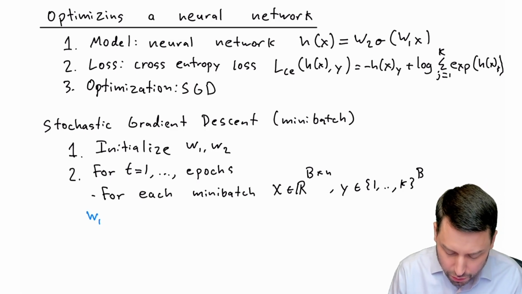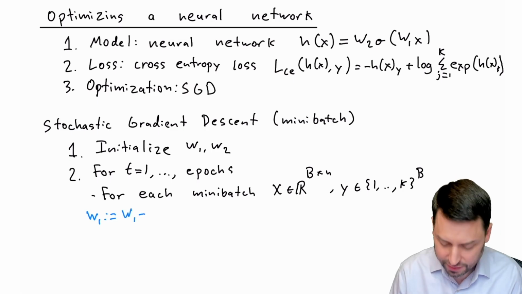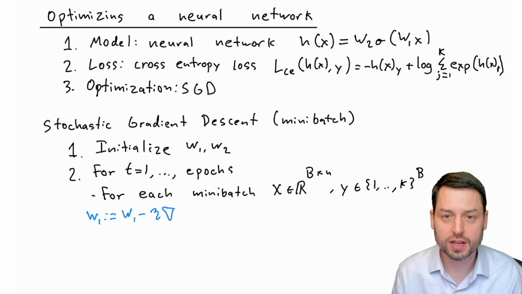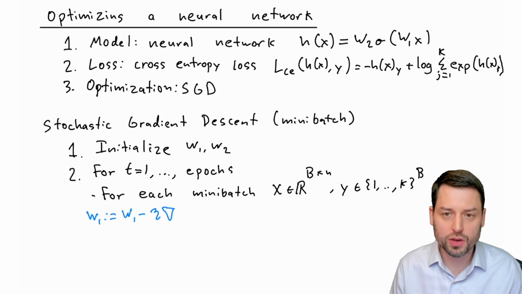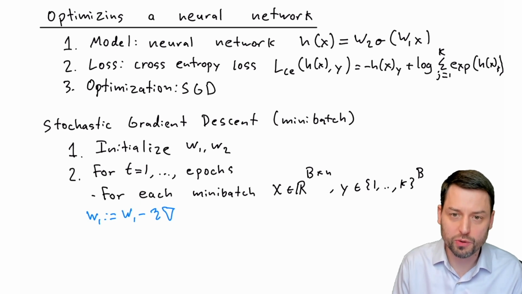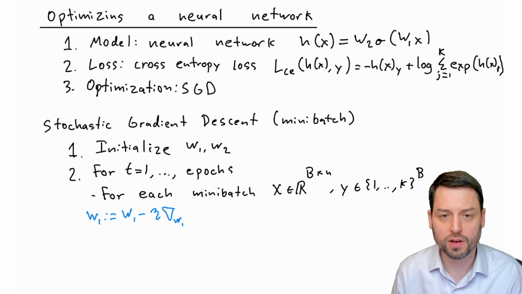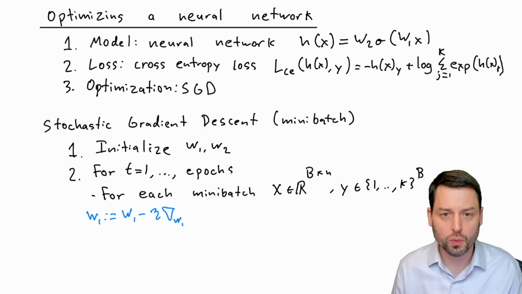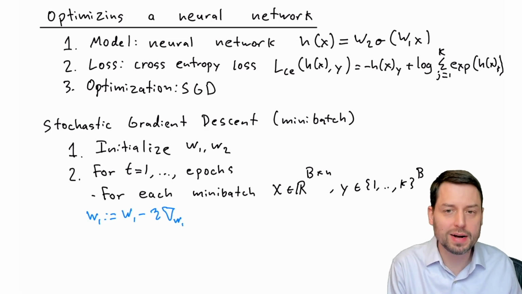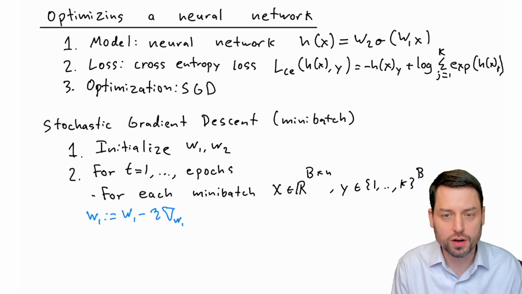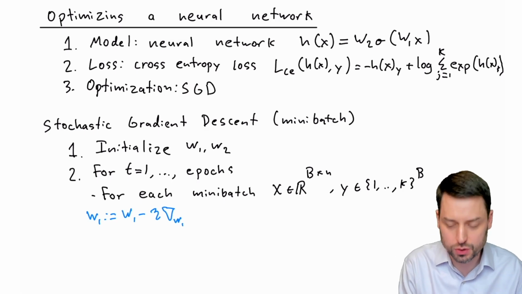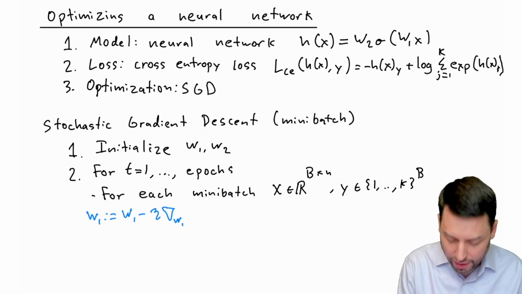We're going to take W1, and set W1 equal to W1 minus the step size times its gradient, the gradient of the loss that we care about here. Because there's some ambiguity as to what we are differentiating with respect to, I'll write this gradient symbol with a subscript of W1 to make it clear that we're taking the gradient with respect to those W1 parameters.